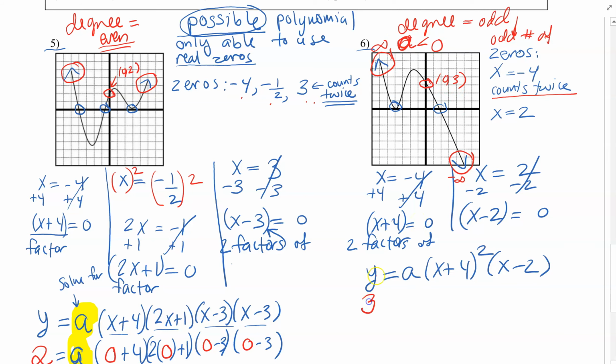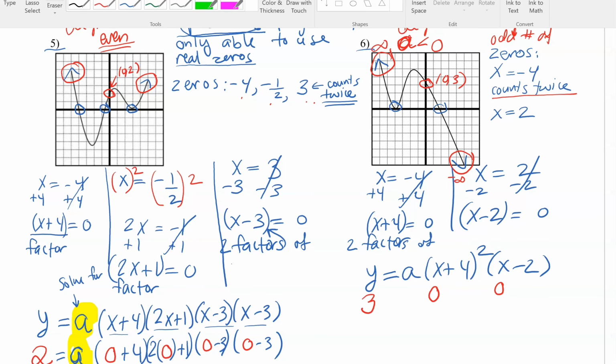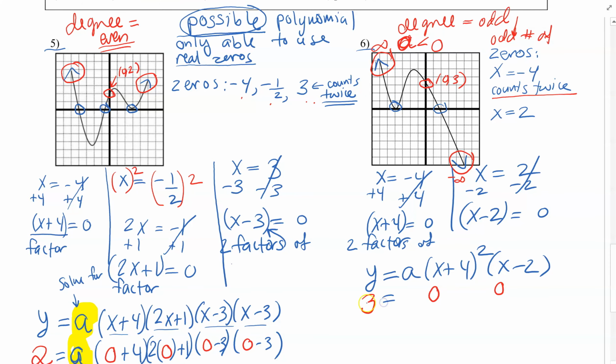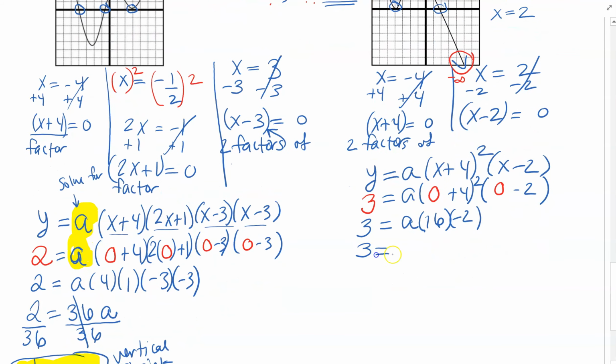I'll go ahead and plug in 3 for y and then 0 for both of my x's. So y equals 3 equals a times (0 plus 4) squared times (0 minus 2). I'm just subbing in 0 in place of x and 3 in place of y. And so then I get 3 is equal to a times 4 squared, which is 16, times negative 2. That gives me 3 is equal to negative 32a.